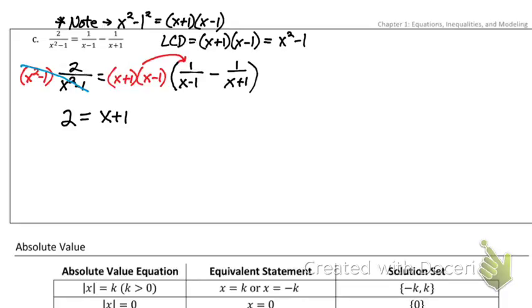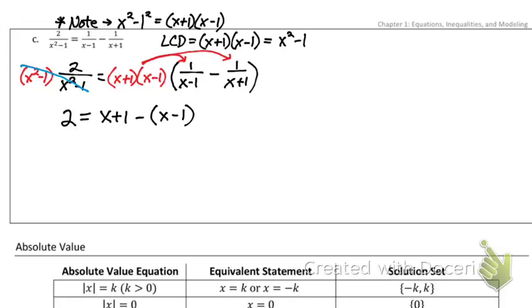Now we're going to have x plus 1 times x minus 1 on top of x plus 1. So our x plus 1s will cancel out, but we do have that negative sign, so we'll have negative x minus 1. Are we all okay with that step? Because I did a lot in my head there.